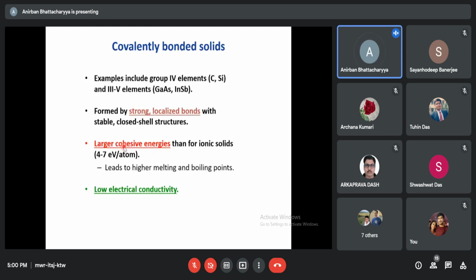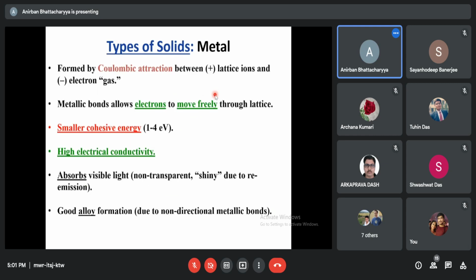And of course, as you know, carbon in diamond has the strongest cohesive energy. It is a very hard material, and so on and so forth. Incidentally, do you know that devices can be made out of diamond? It has a whole lot of electronics applications.